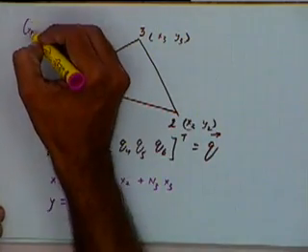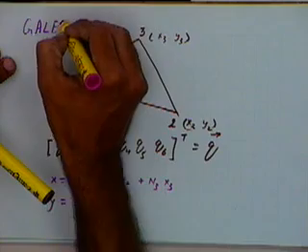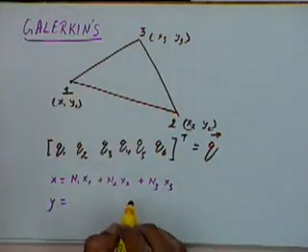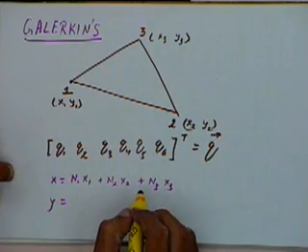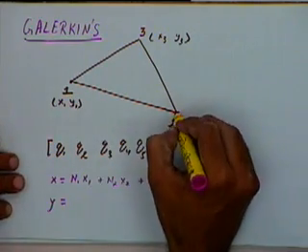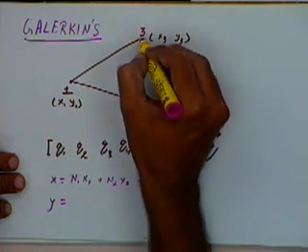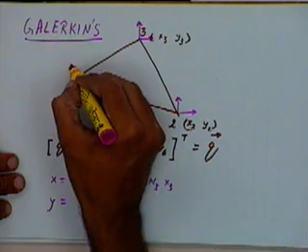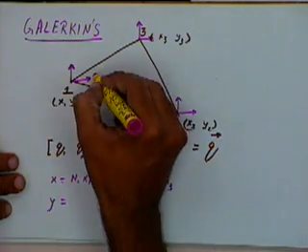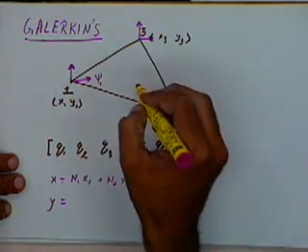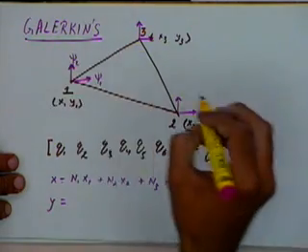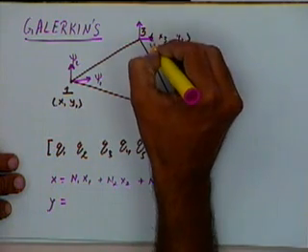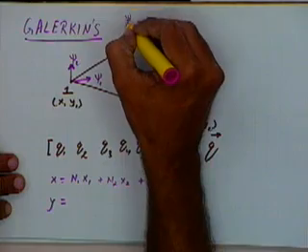Now when you are using the Galerkin's approach, we have to give a set of virtual displacements to this element. Let's say the virtual displacements are given by psi 1, psi 2, psi 3, psi 4, psi 5 and psi 6.